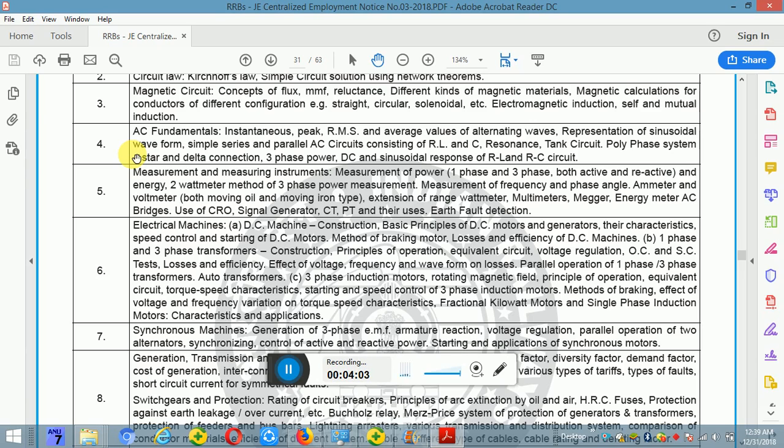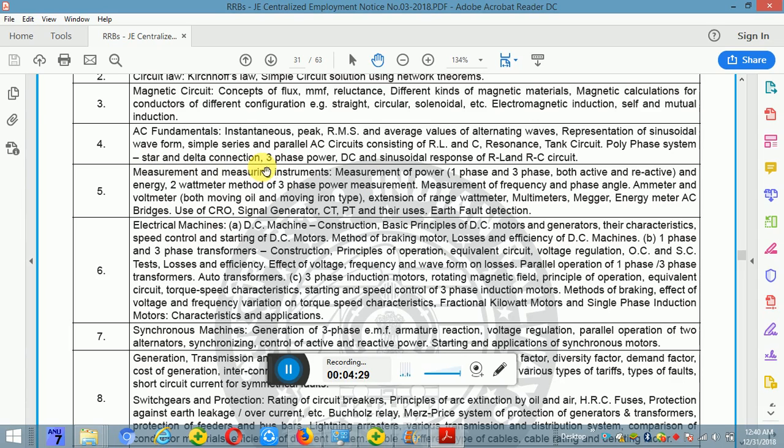Regarding these waves, we need to study instantaneous, peak, RMS and average values. And the representation of standard waveforms, simple series and parallel AC circuits. Series and parallel AC circuits, that is RC series circuits, RL series circuits in AC, and resonance, RLC resonance, tank circuit, and polyphase system, star and delta connection.